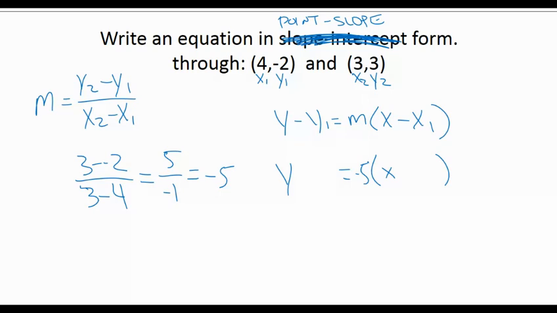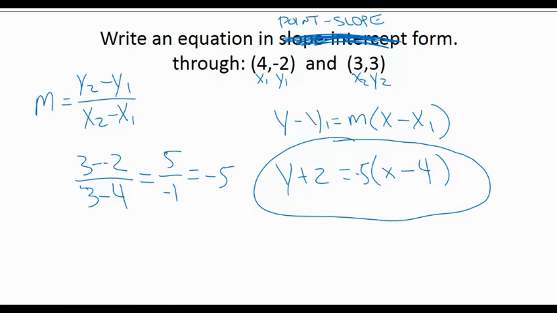We actually could pick either point, and either equation would be correct. You could pick the first ordered pair, 4, -2, or the second one, 3, 3. I'm going to pick the first one. I always try to get in the habit of picking the first one because we already labeled it x1, y1. You can see there. So my x1 would be 4, so this would be a -4 here. My y1 is -2, so that would be y minus -2, which is why I'm going to put a plus 2 right there. And we've successfully written the equation.